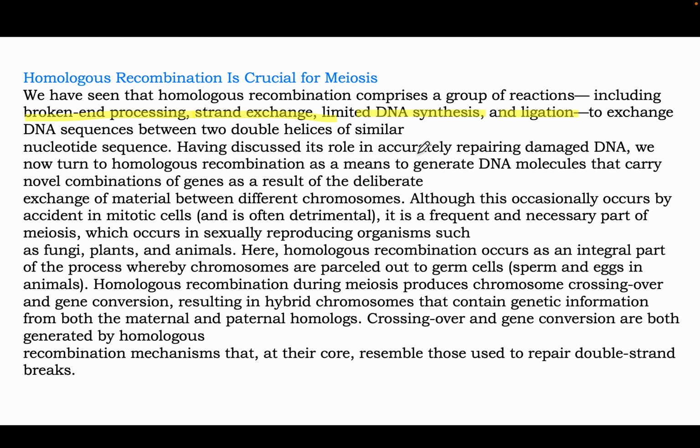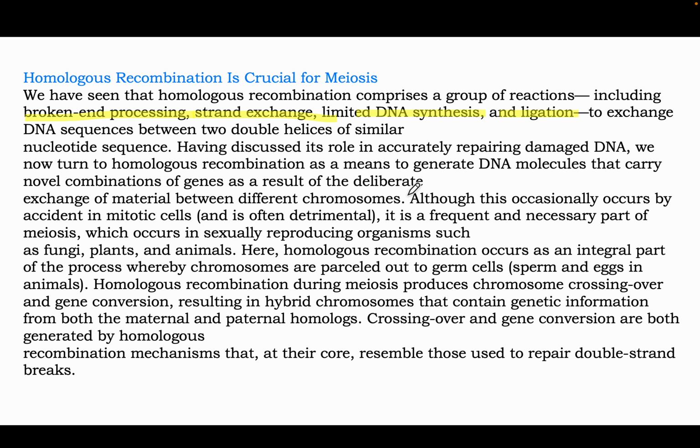Having discussed its role in accurately repairing damaged DNA, we now turn to homologous recombination as a means to generate DNA molecules that carry novel combinations of genes as a result of deliberate exchange of material between different chromosomes.